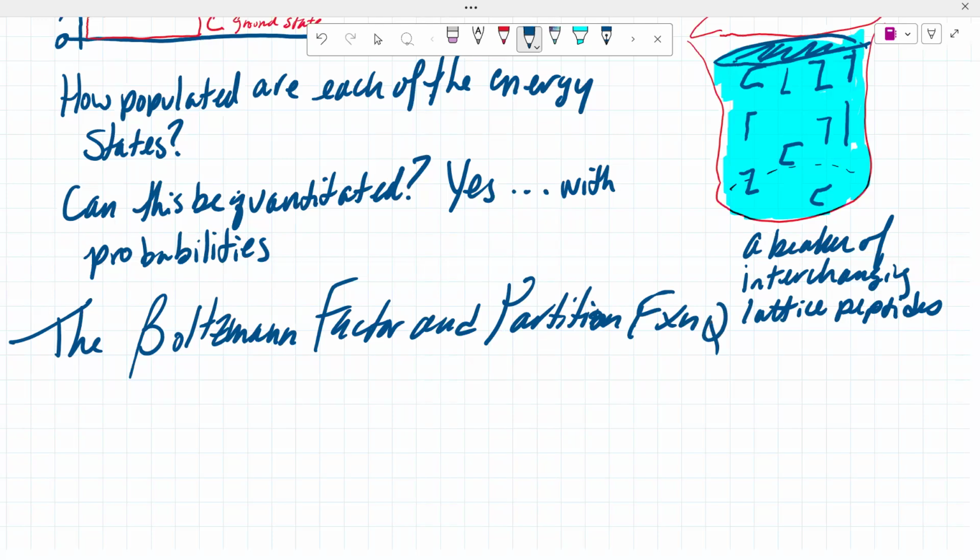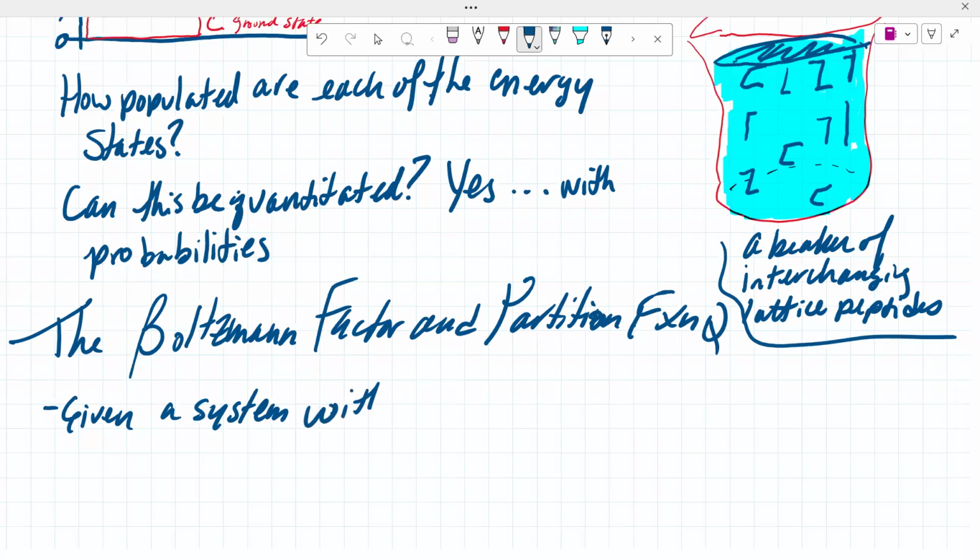All right, this is the above notes. Given a system with energy states, where are you going to get your energy states from?